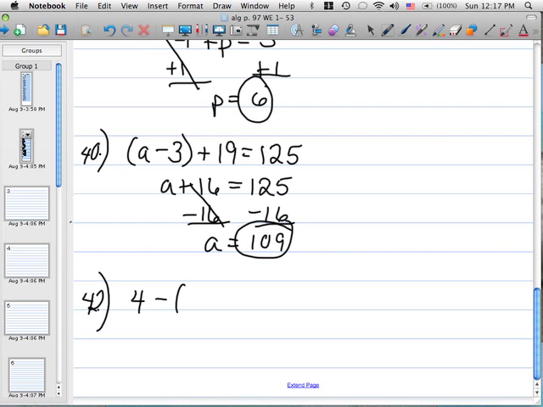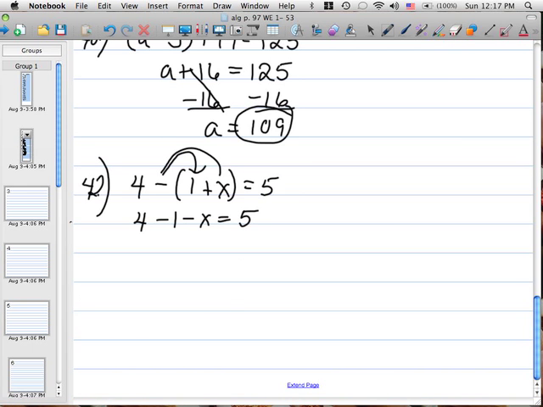The 4 minus the quantity 1 plus x equals 5. Okay, simplify first, and since I have a minus sign in front of the parentheses, I have to take the opposite of everything. So it's 4 minus 1, and negative times positive is negative x equals 5. Then continue simplifying. 4 minus 1 is 3 minus x equals 5.